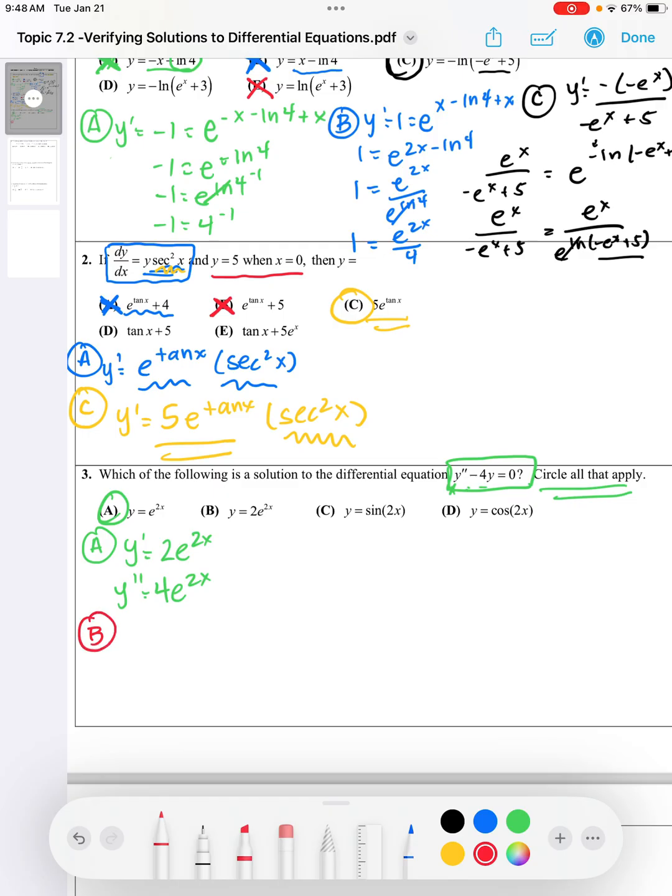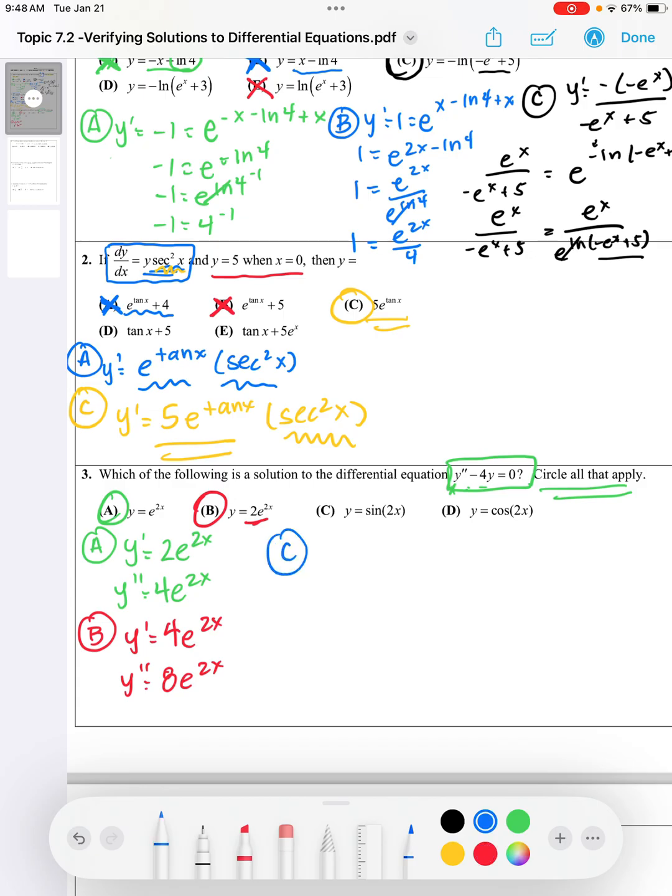Now let's try B. So y prime is going to be 4e to the 2x. Y double prime is going to be 8e to the 2x. So if I take my second derivative, 8e to the 2x, minus 4 of these, that would also be 0, so that is also true.